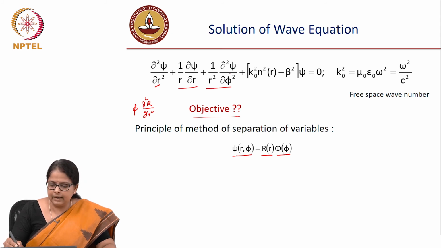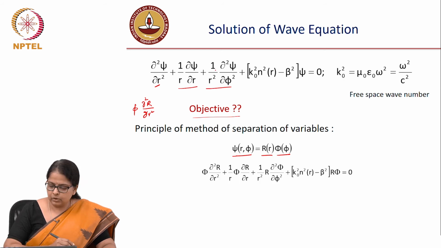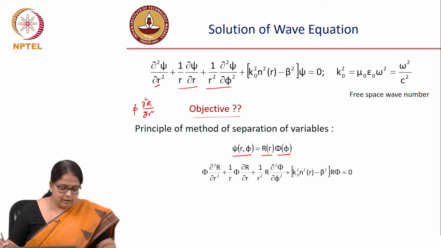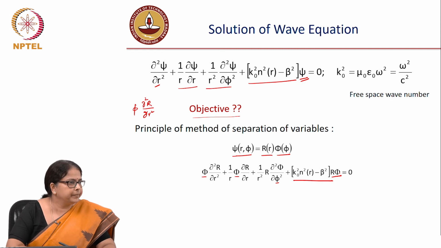Then I will have ∂Φ/∂φ, so R will be outside, right. So, that is what you do: Φ ∂²R/∂r², 1/r Φ. Okay, there is a capital Φ and there is a small φ. This is all capital Φ, take care of that, whereas a variable is a small φ. And the third term is R times ∂²Φ/∂φ², plus this term remains as it is, but every time I see a ψ I replace it with RΦ.